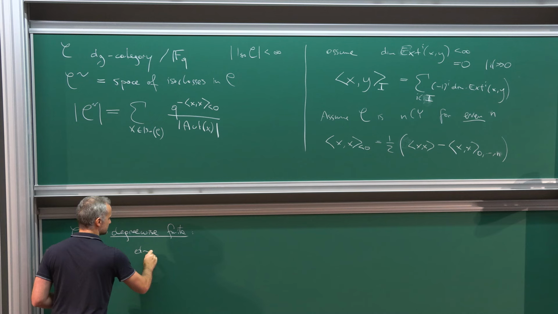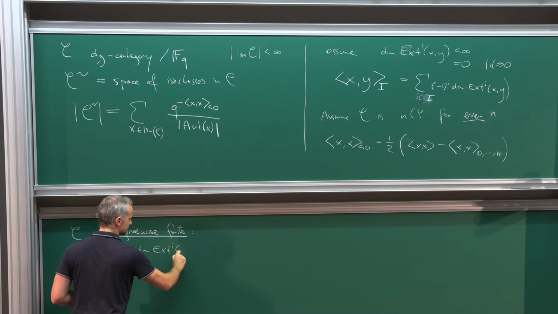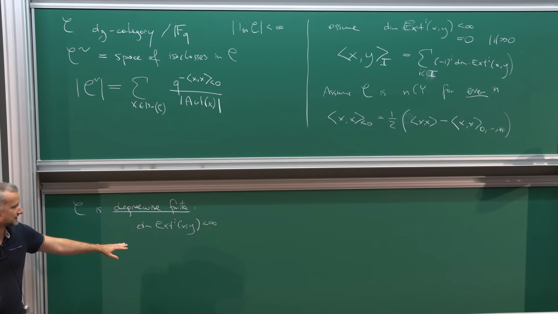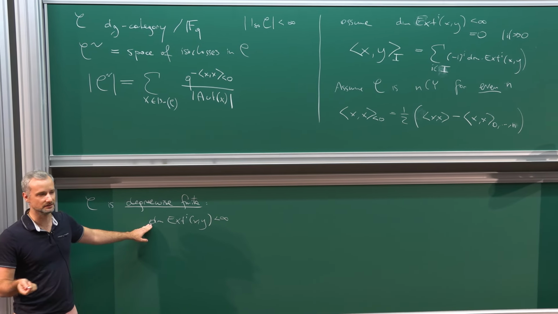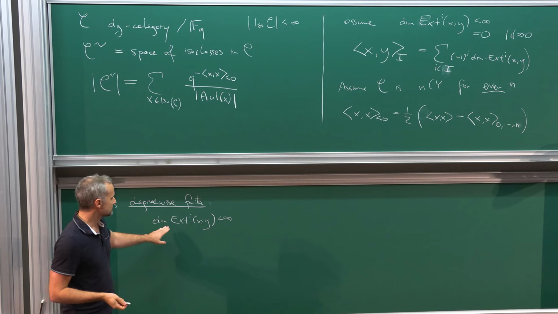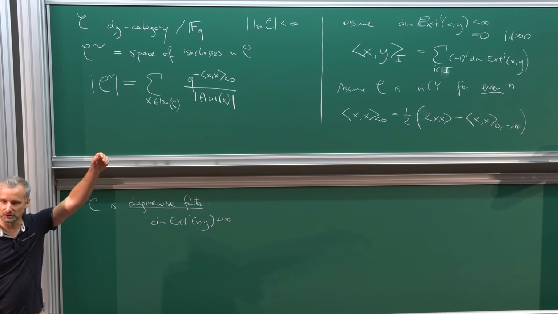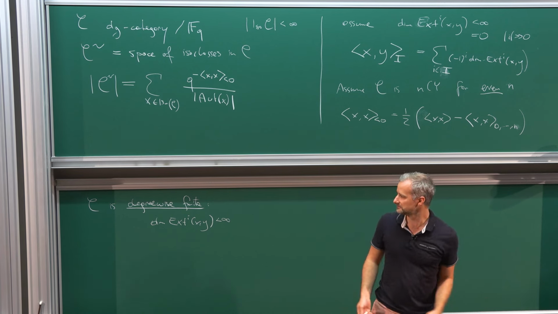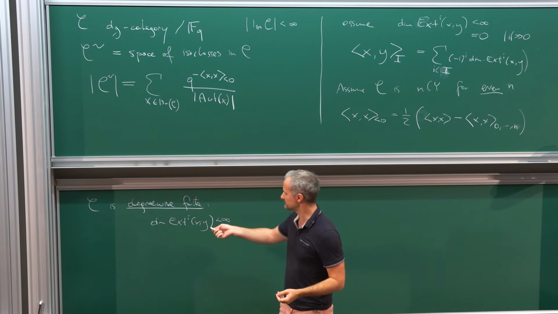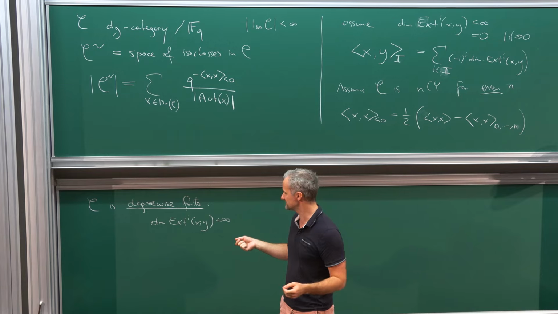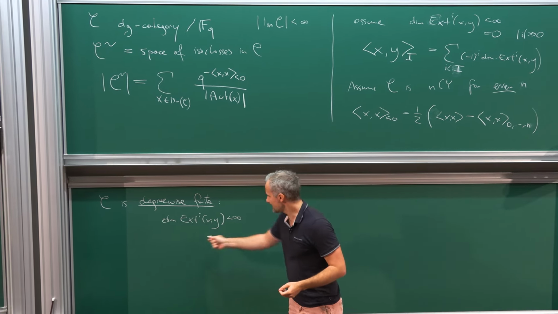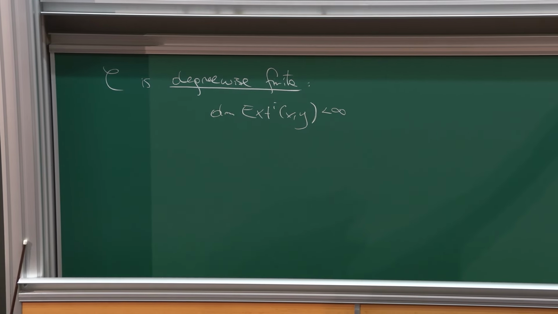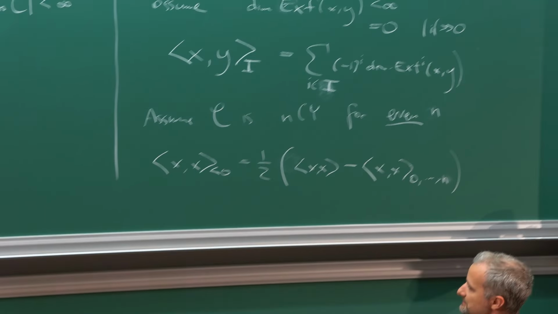That means just that the dimensions of the Ext groups are all finite, which I definitely need to make sense of it being Calabi-Yau. But they could go on forever in both directions for positive and negative i and could be not periodic. But for example, a Z mod 2 graded category or Z mod 2 periodic category will satisfy this condition, but not this stronger condition that it's eventually 0 for i big enough.